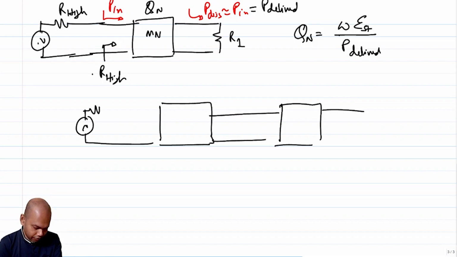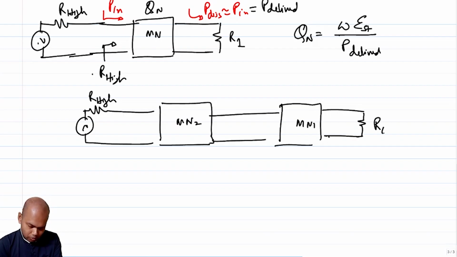So if you have this R high, and this is Mn2, this is Mn1, and R low, I know that looking in here is R intermediate.